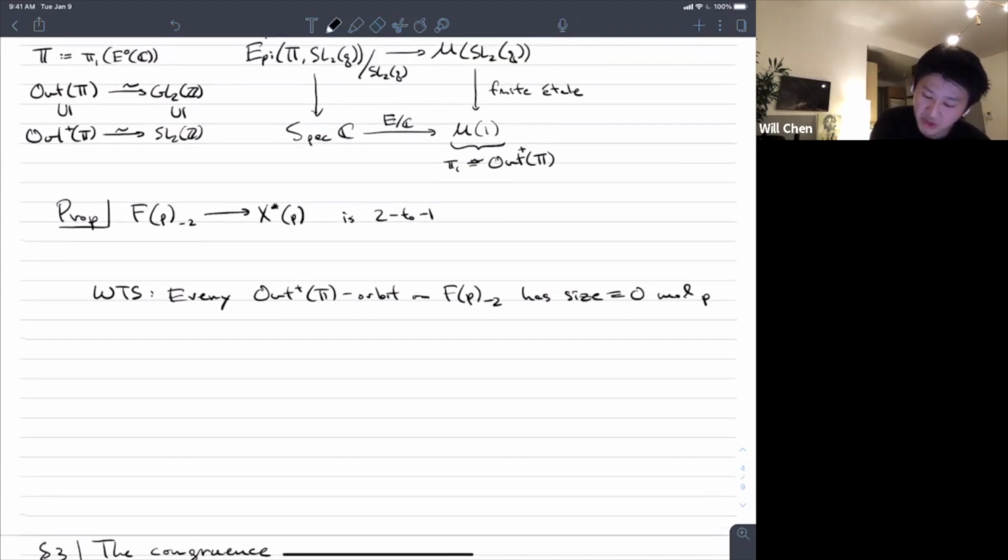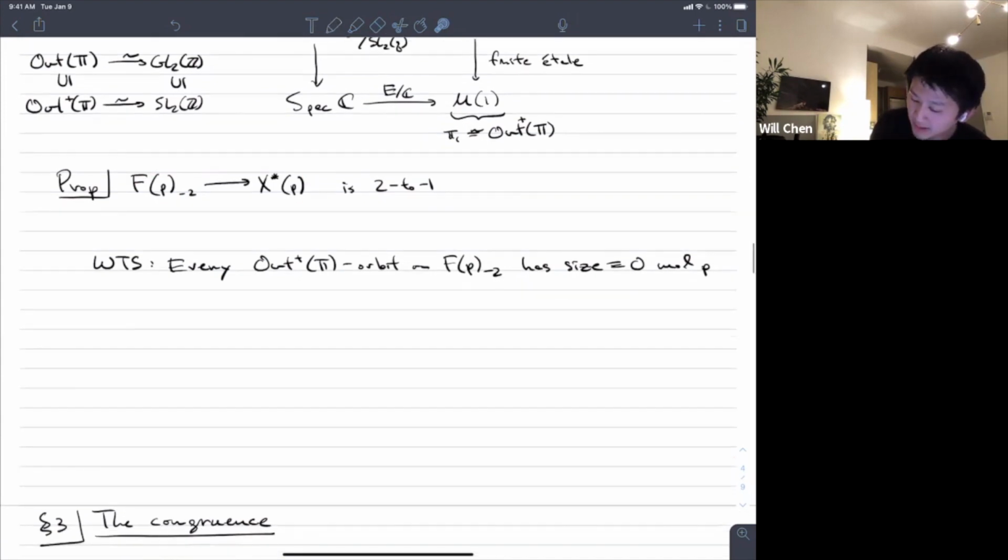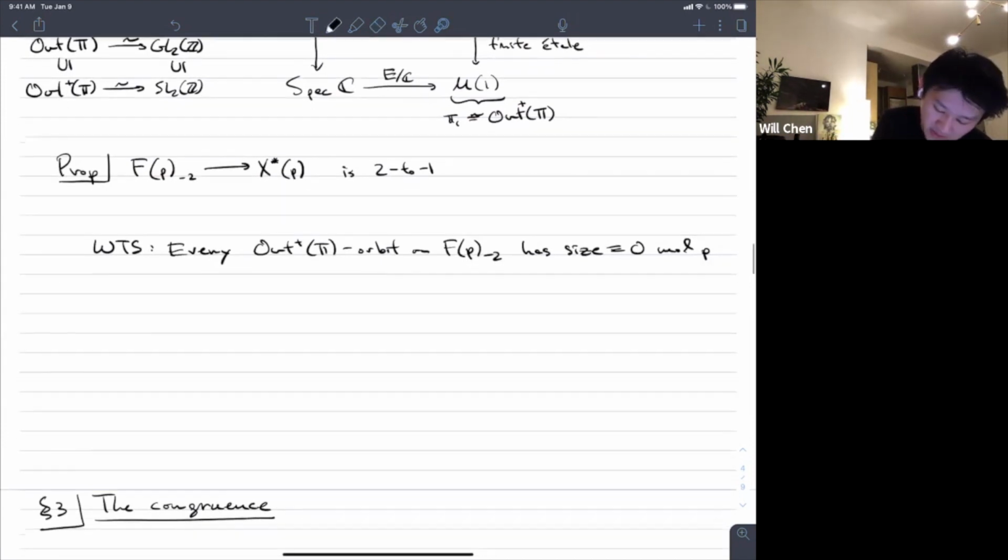So this is what we want to show. I mean, or at least this would be sufficient, because this compared with this, I mean, the difference is essentially almost a factor of 2, and so as long as P is at least 3, we're good. Okay, so it just suffices to show this.